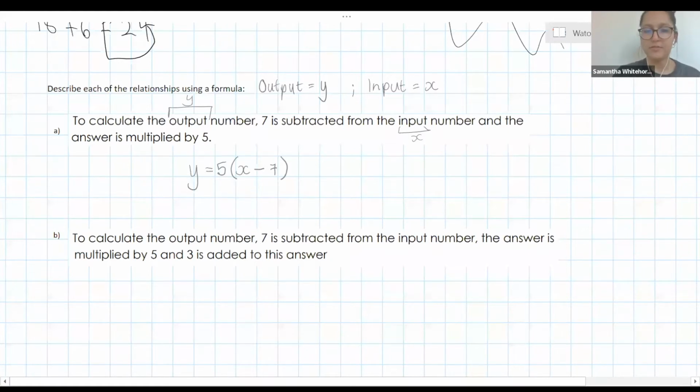Now, you don't have to put the 5 at the beginning. You can definitely write it as Y is equal to X minus 7 times 5, or you can even use a multiplication sign. What is very important here is that X minus 7, that whole expression, is in brackets and is being multiplied by 5, because it said very specifically that the answer you got when you did X minus 7 is multiplied by 5. So we need those brackets there to show that it is the answer of the subtraction that is being multiplied.